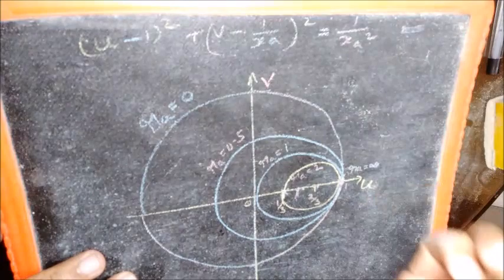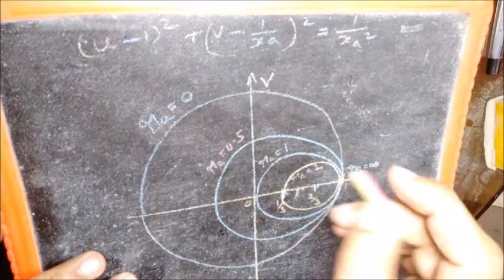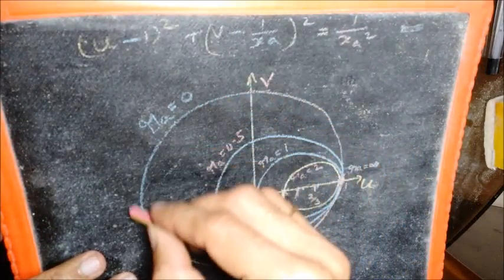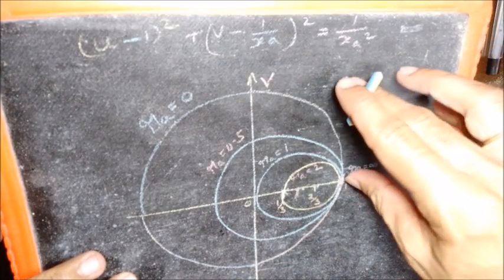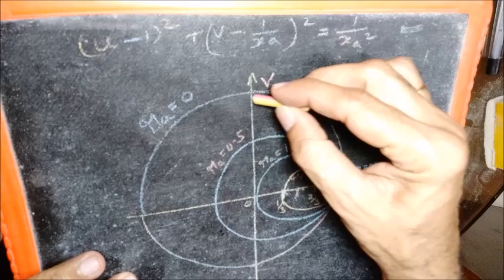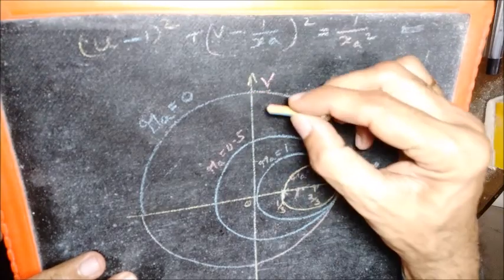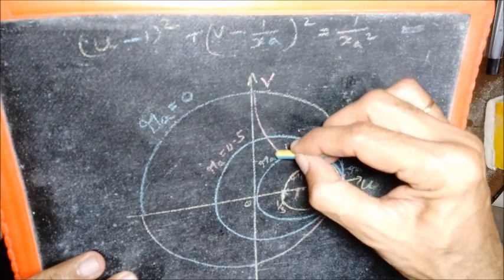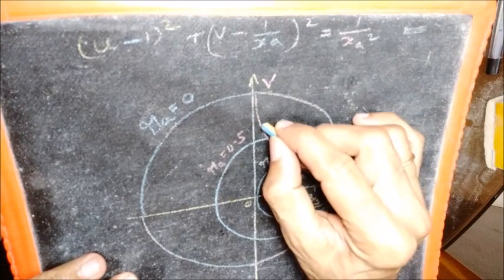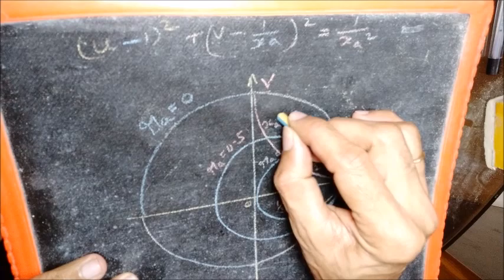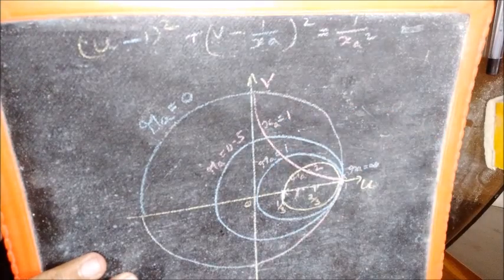So we have to worry only about what is there inside this circle, which means we need to plot only what comes within this circle, and that will be this. So this is for XA equal to 1.